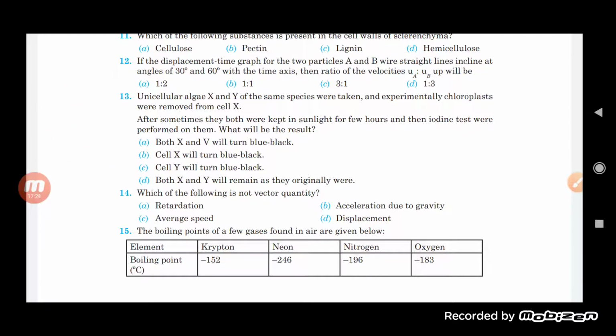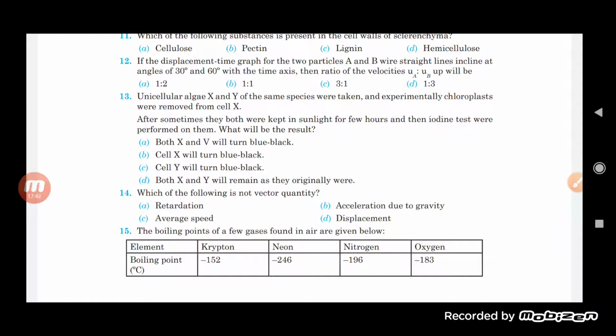Now here the next question is, unicellular algae X and Y of the same species were taken and experimentally chloroplasts were removed from cell X. After some time they both were kept in sunlight for a few hours and then iodine tests were performed on them.